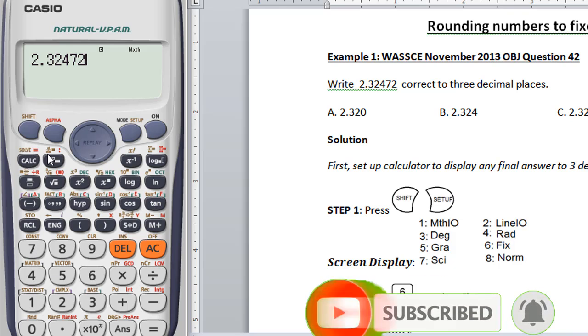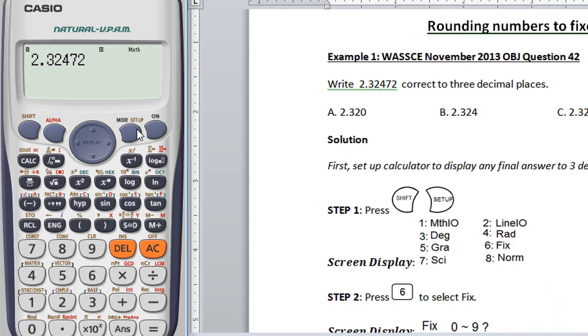After that, you go to shift and set it up, go to fix, choose 3 decimal places, and then press your equal sign, and of course you get the same answer here. Thank you very much.